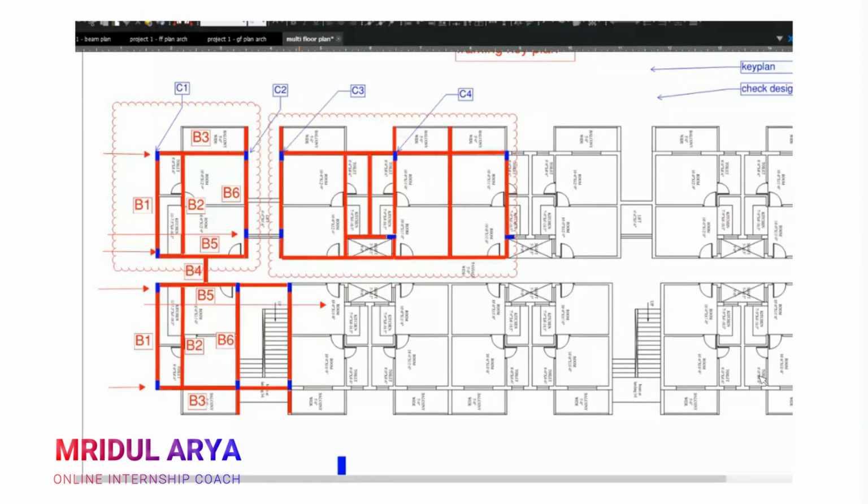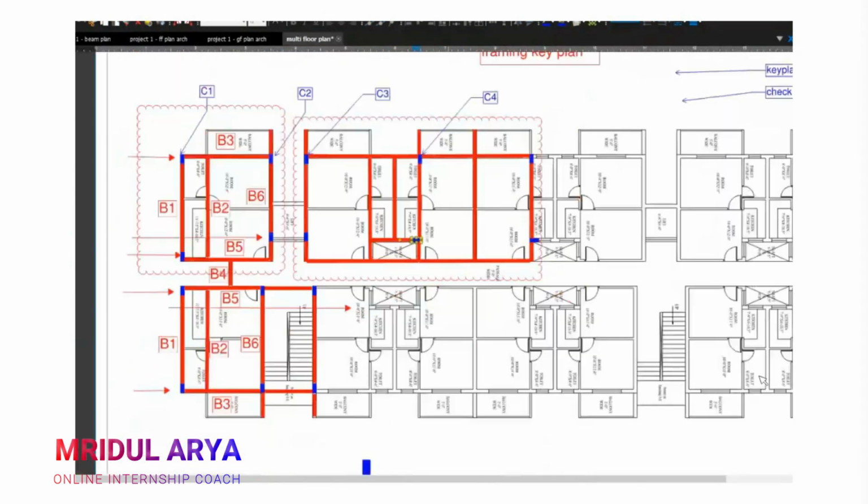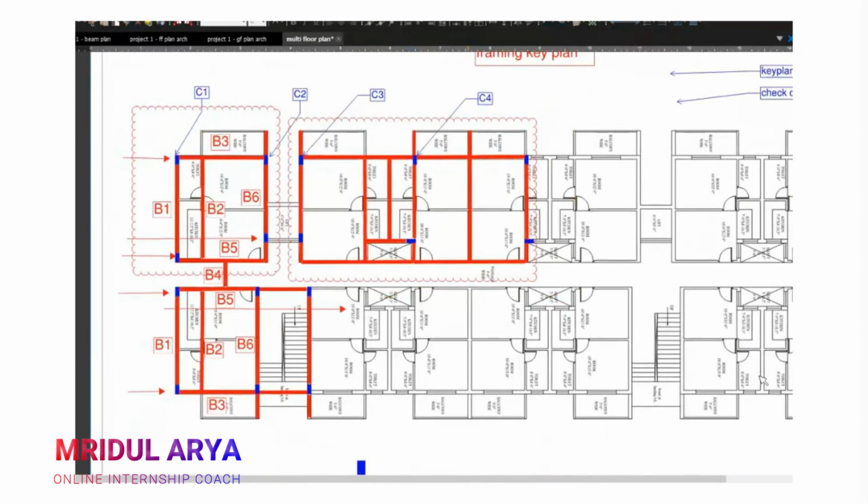Maybe you need to have more columns in the horizontal direction. So at least you will have an idea that most of your columns are vertical and maybe you will face some problem in lateral design, so you will already try to place columns in the other direction as well. That's the benefit of your plan.